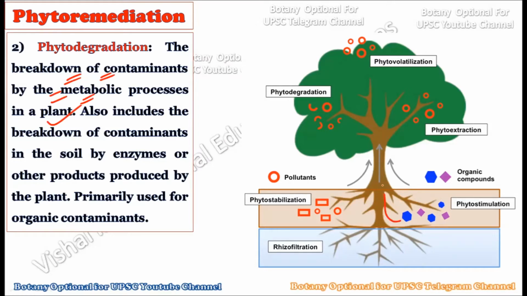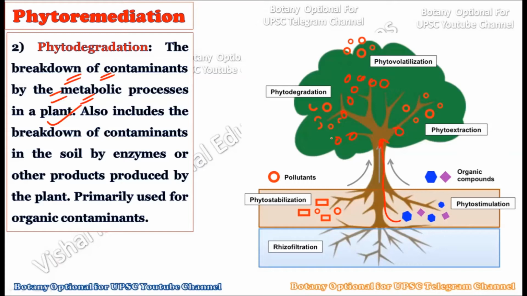If they are taking the heavy metals or any type of pollutant and accumulating within the body of a plant, and the plant's own metabolic processes are breaking down that particular chemical compound, then we call that type of phytoremediation phytodegradation, because in this process the plants extract the pollutants from the soil and take them into their body, and by using their metabolic processes they can literally break down these contaminants. Hence we need not extract out the plant this time, because the plant is able to degrade that particular pollutant and convert it into a less polluting form, and hence in this case the plant can remain there forever, right.